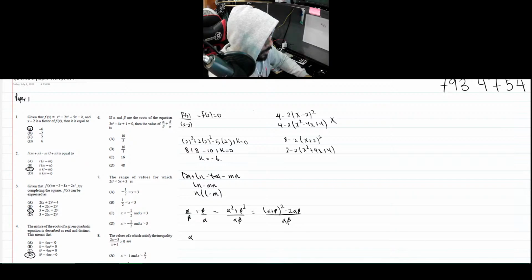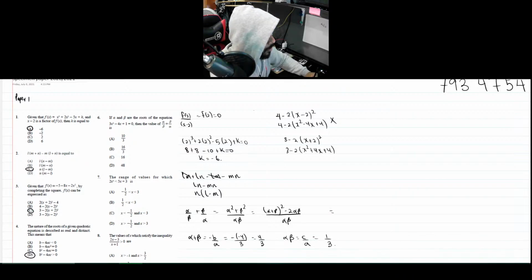So I want to know what alpha plus beta is. That is minus b over a, which will be minus minus 4 over 3, that is 4 over 3. And alpha beta is c over a, which is 1 over 3.